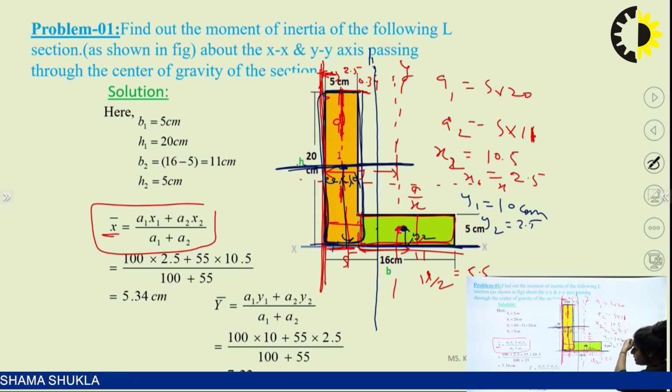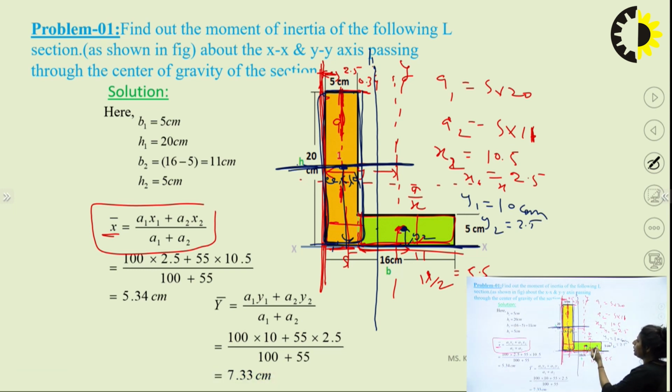So I can say that we need to put the value like if this is our reference axis. Okay, the value is 7.33 centimeter. Okay, 7.33, that means this is 2.33.